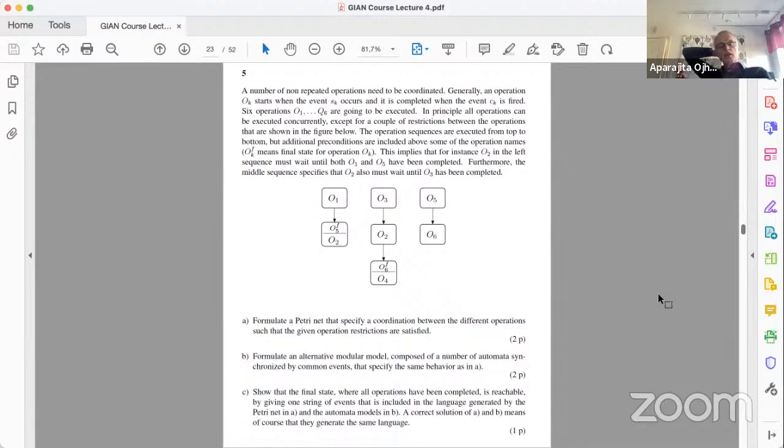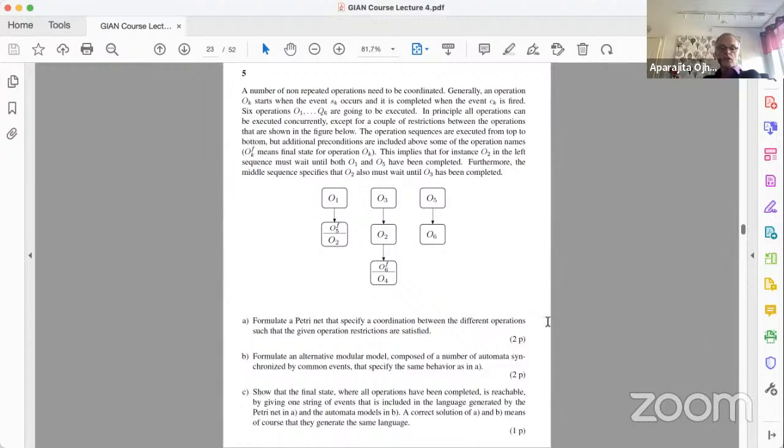And the idea here is that there are some preconditions for these different operations, and planning is typically that you have a set of operations and you want to perform them, but to perform those operations, you often have some conditions that must be fulfilled to start a specific operation.